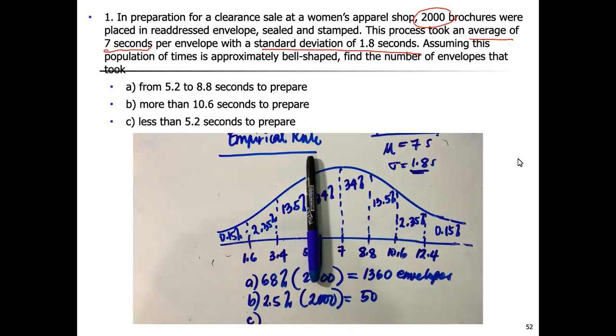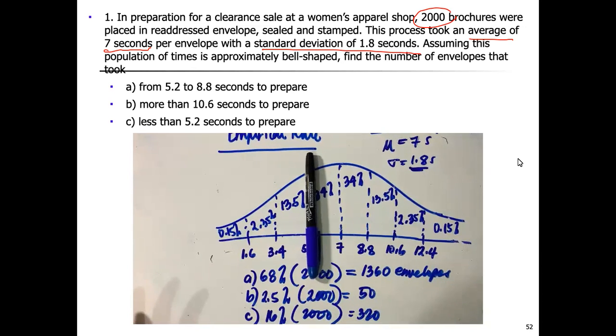That is 13.5% plus 2.35% and 0.15%. That will be equal to 16%. So we will get 16% of 2,000, and that will be equal to 320 envelopes.